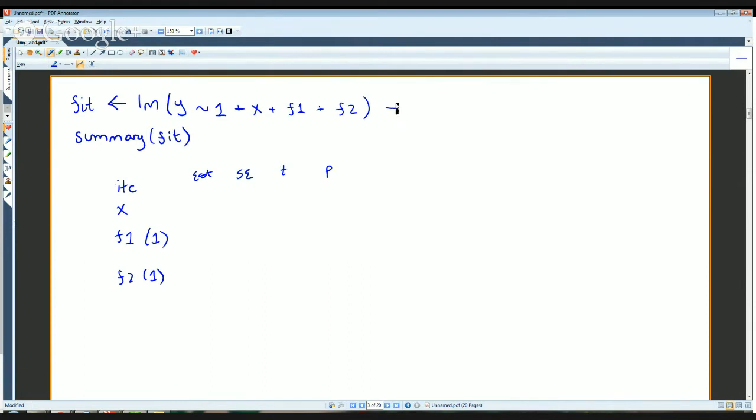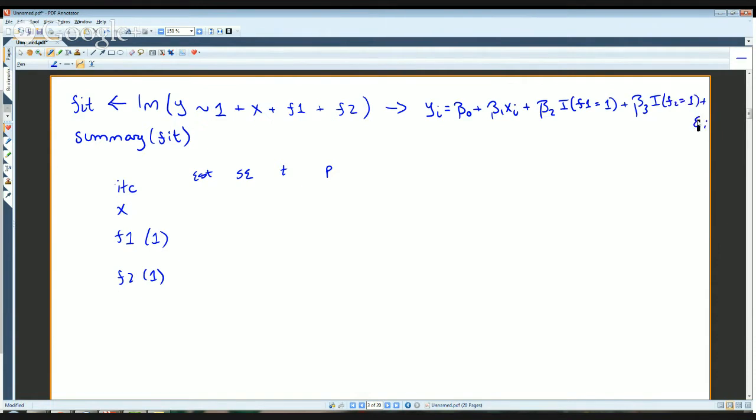This corresponds to the linear model y_i equals beta naught plus beta 1 x_i plus beta 2 times the indicator that f1 is at the level 1, plus beta 3 times the indicator that f2 is at the level 1, plus an error term.